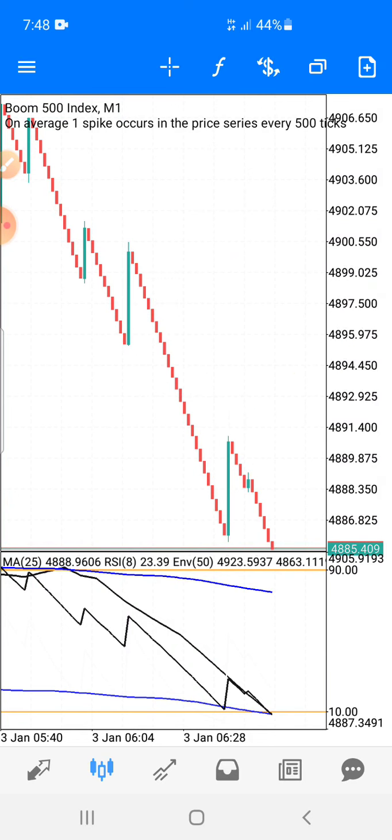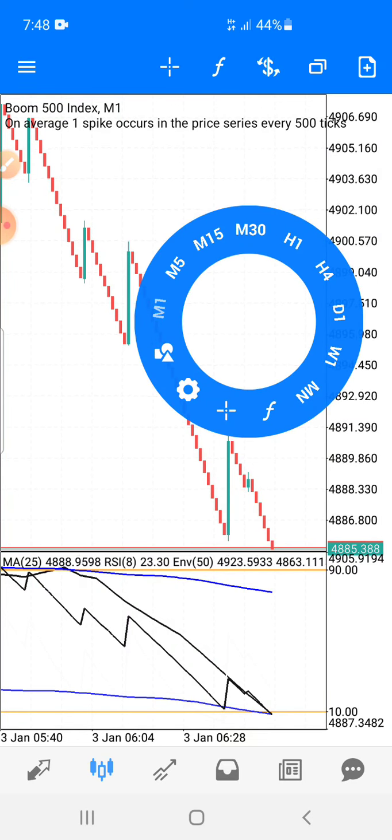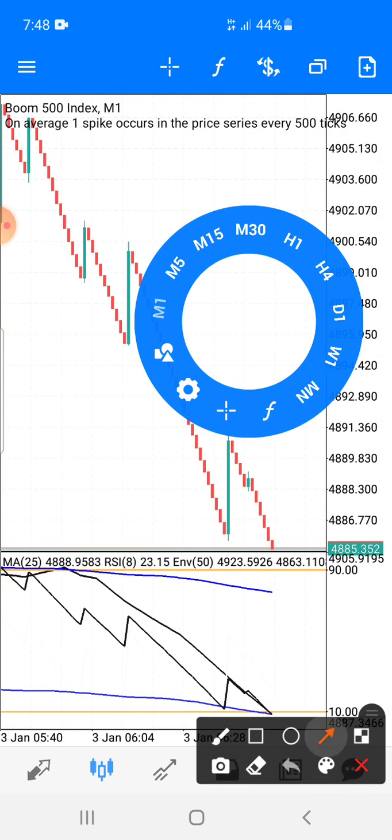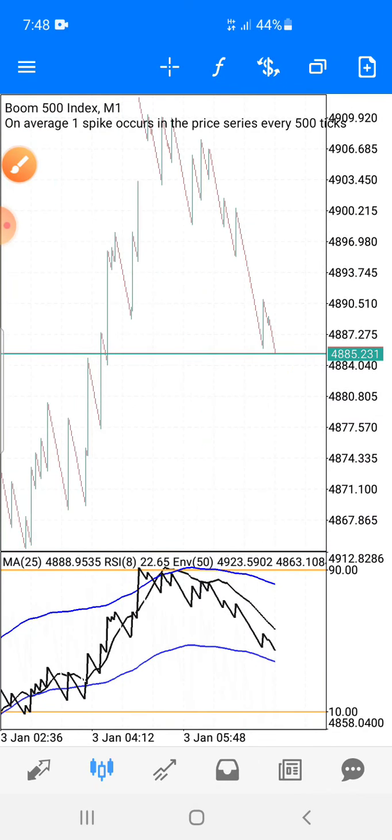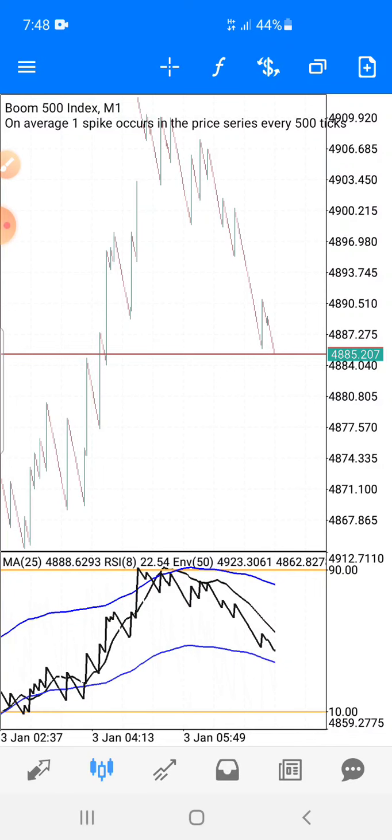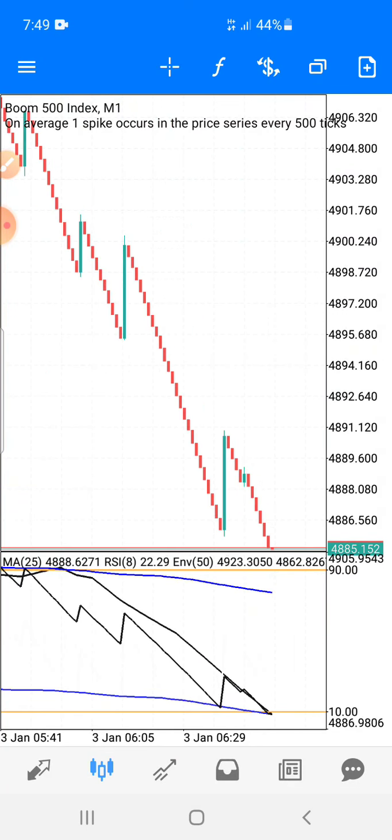Go to your indicator, either here on this F icon, or you use the one above, any of them. Someone was asking me what the setup is. Remember, you don't just enter, you have to zoom out completely. That's the condition. As you can see, on our second zoom level, they are converging at level 10.